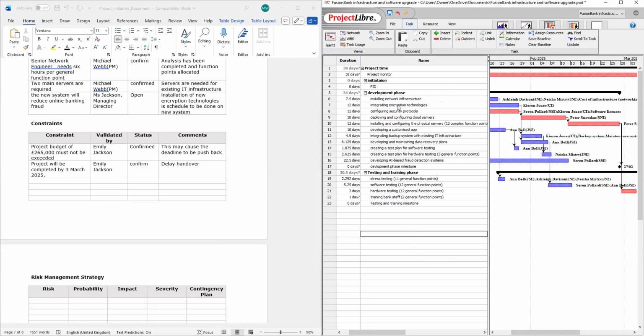If we delay the delivery, it's going to affect the network infrastructure integration, hold on, it's going to affect the installation and configuration of protocol of physical server. It's going to create a lot of problems.